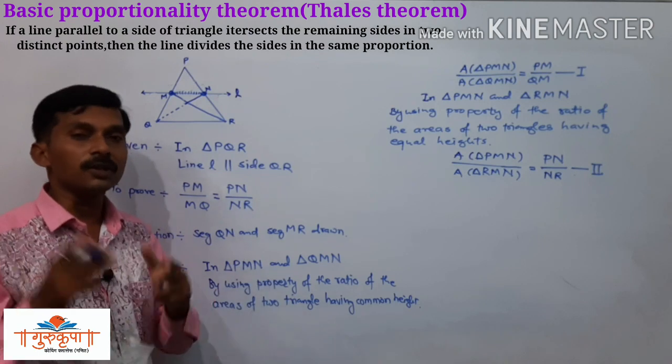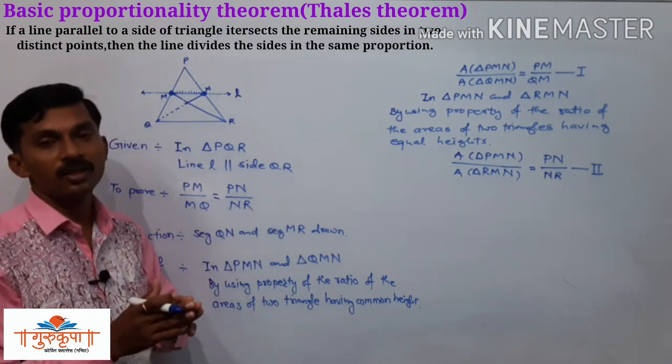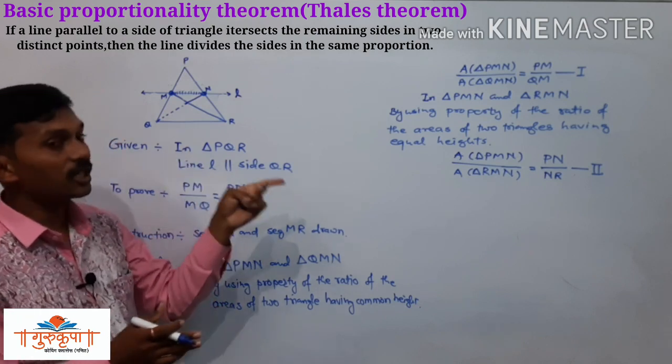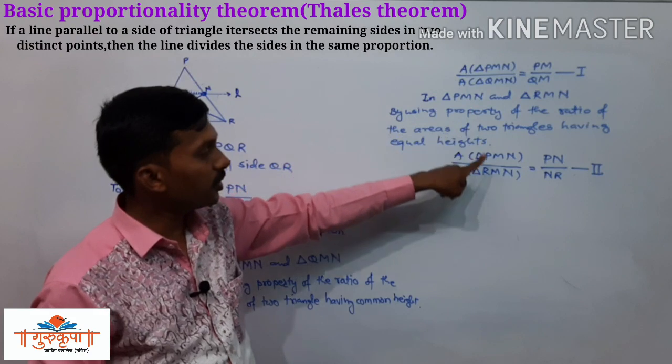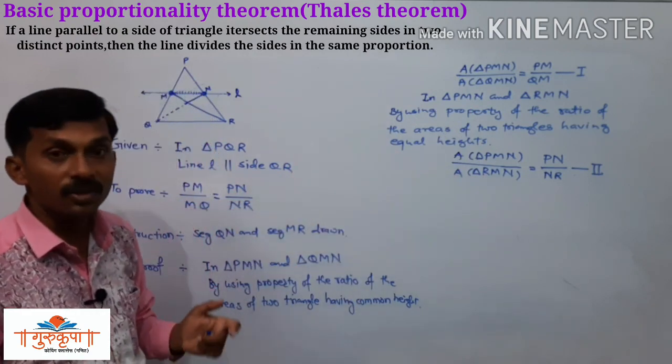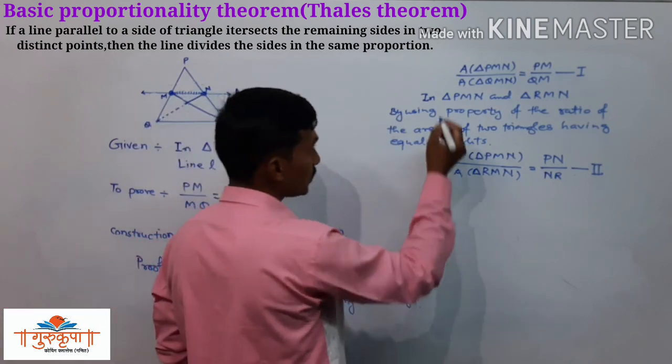And we know the third condition: if the heights and bases both are equal, the areas of the triangles are also equal. It means that the LHS of equation 1 and the LHS of equation 2 both are equal. But here we have to write that part.